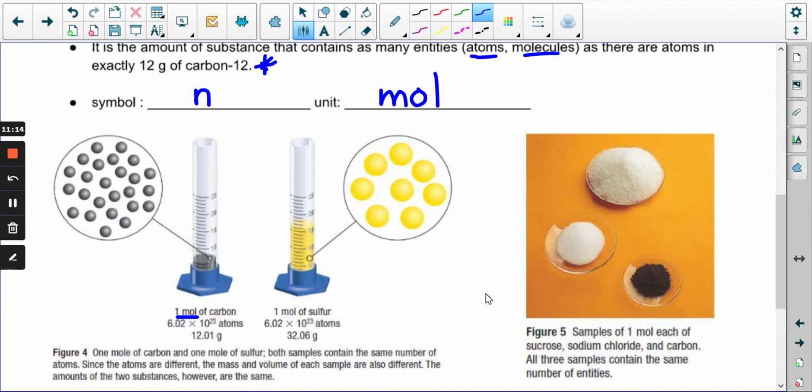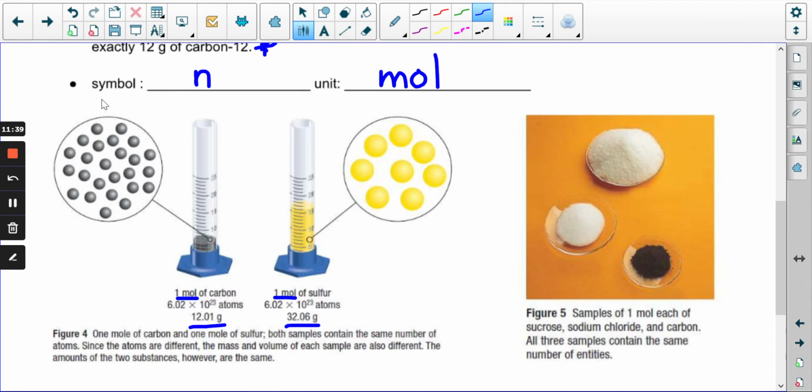Likewise, right beside, I'm showing 1 mole of sulfur. And 1 mole of sulfur, again, 6.02 times 10 to the 23 atoms. But you can see that it takes up more space because the atoms are not necessarily the same size, and they're definitely not the same mass, which I'm showing down at the bottom. So 1 mole of carbon is actually 12.01 grams. We can measure that quantity.